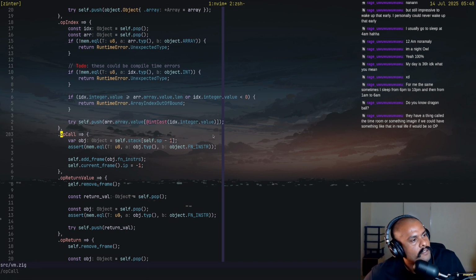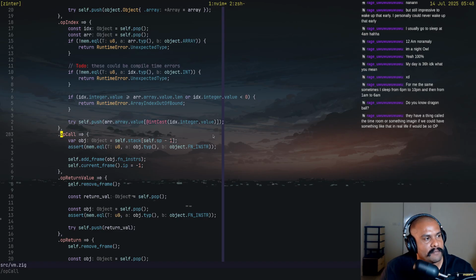They have this thing called Time Room or something. Oh, is it the Time Room or like the capsule thing? Oh yeah, I think I remember.